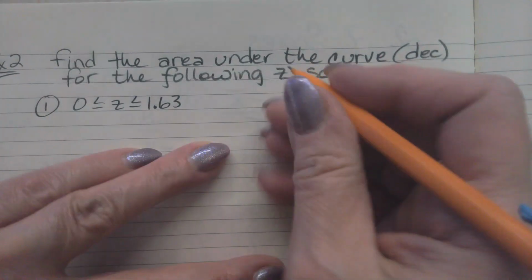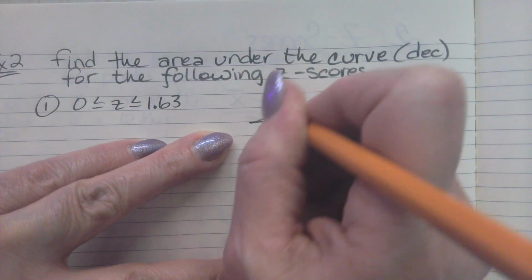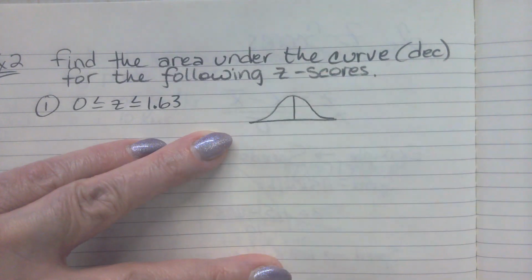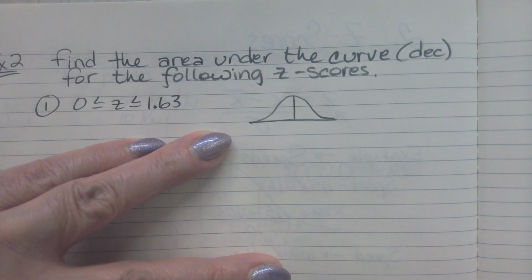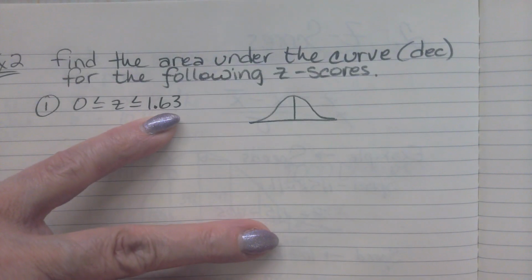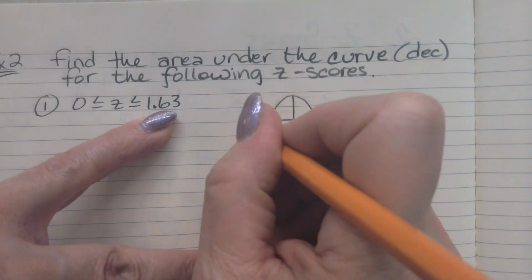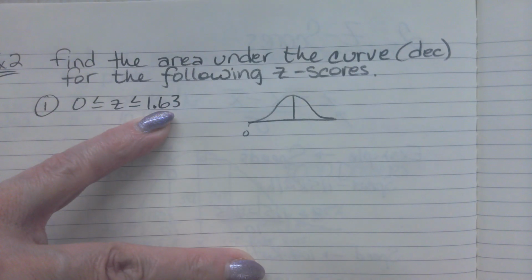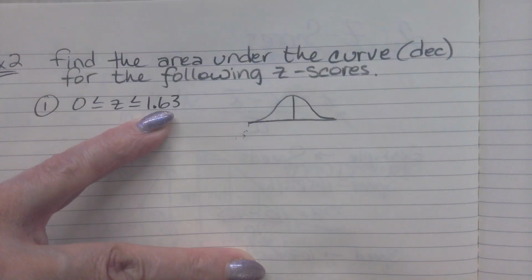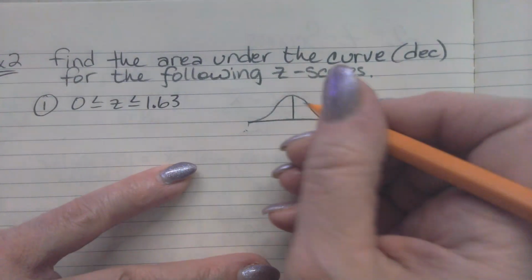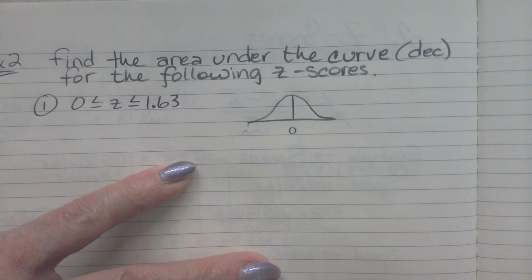So here's my little curve, there's my center. If I want 0 to 1.63, 0's here, right? Oh, no, 0 is not there. Where is 0? 0 is in the center.